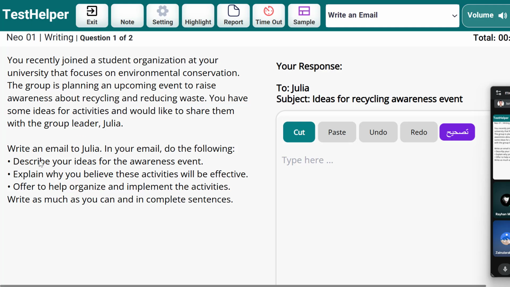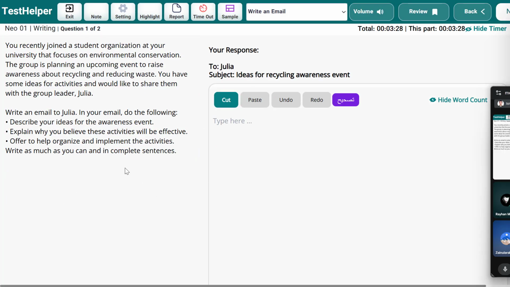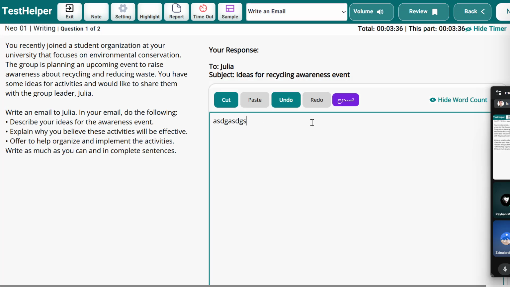And then in our email, we have to describe your ideas for the awareness event, explain why you believe these activities will be effective, and offer to help organize and implement the activities. So these are the bullet points we need to cover in our writing. And here we can write, that's the section.